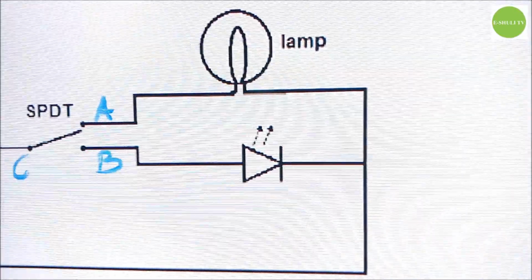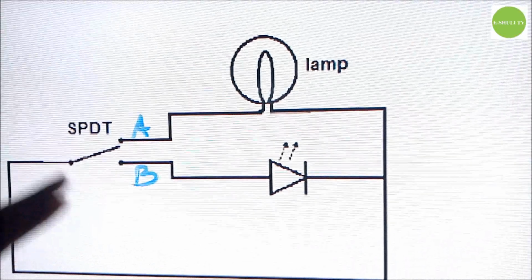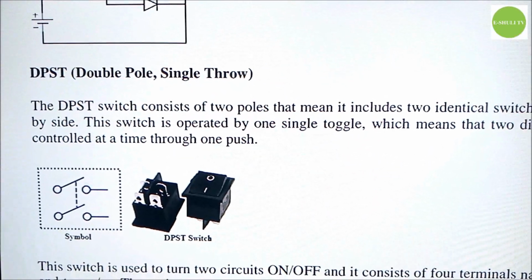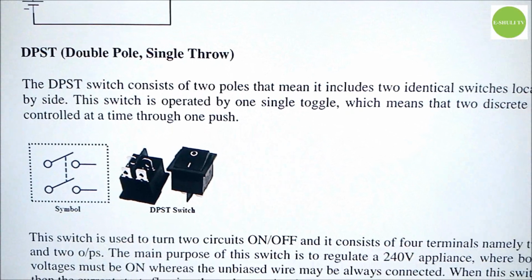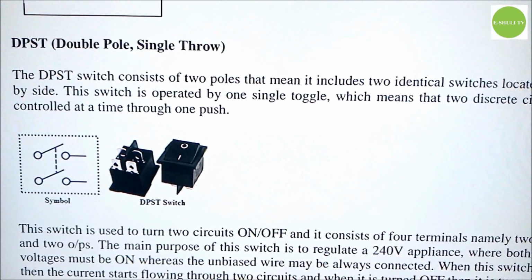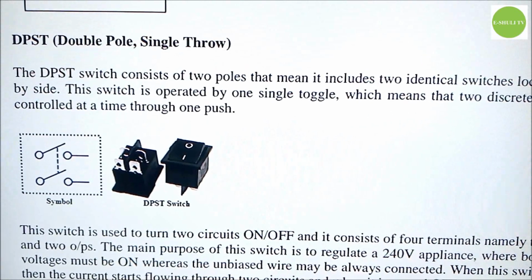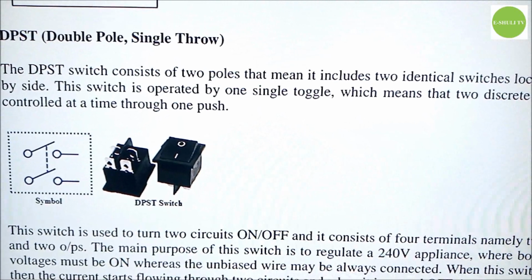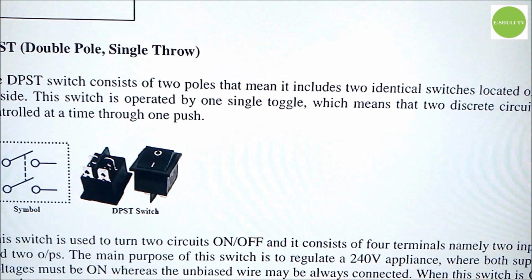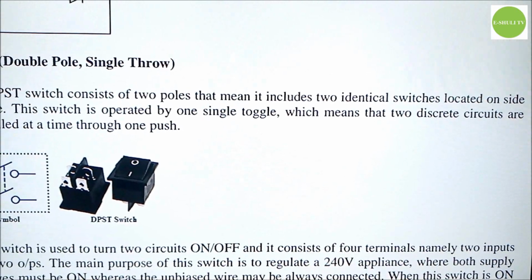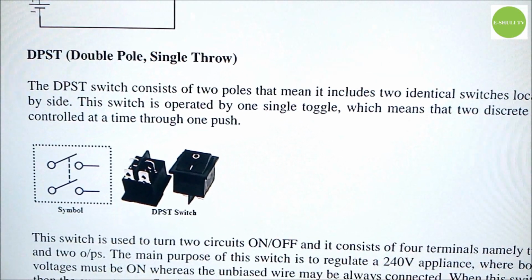You see, this is how single pole double through switch works by controlling two outputs at the same time. So let's go to the next type of switch, which is double pole single through. The double pole single through switch consists of two poles, which means it includes two identical switches located side by side.